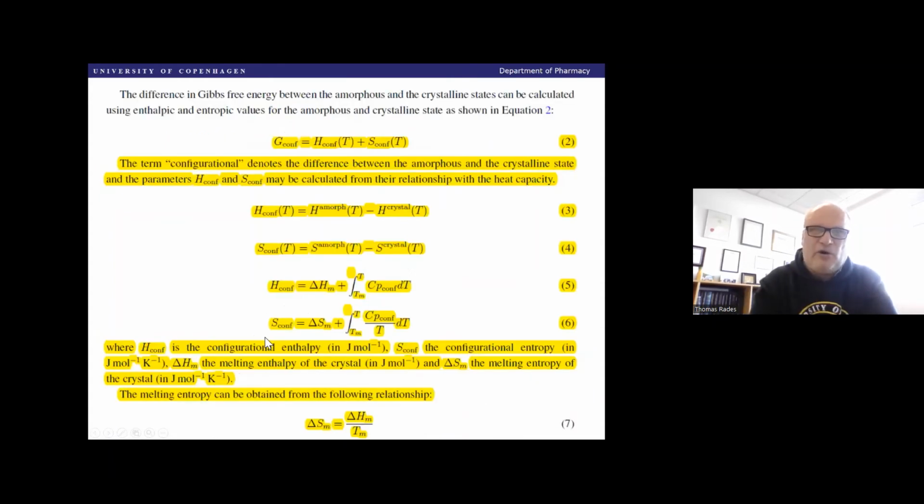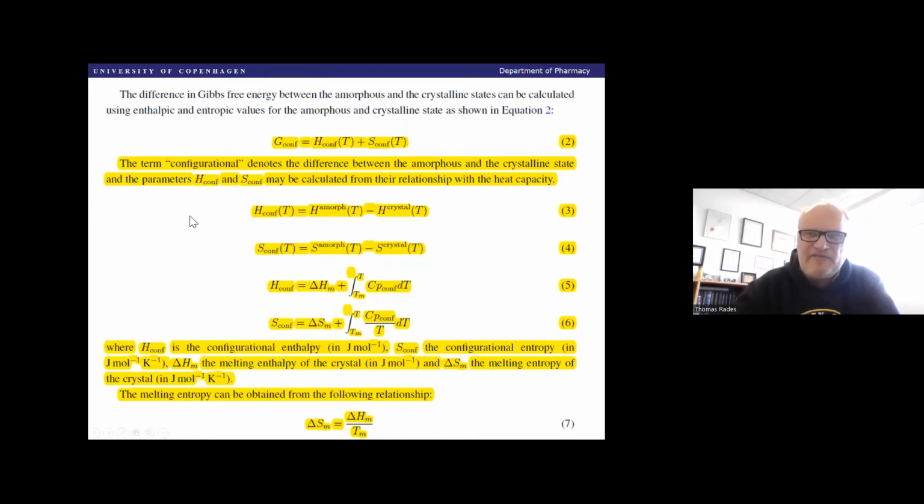So we wanted to know if we can somehow determine the difference between the thermodynamic properties of an amorphous and a crystalline material, and maybe if this difference is large, we have a less stable system. If the difference is not so large, we have a more stable system.